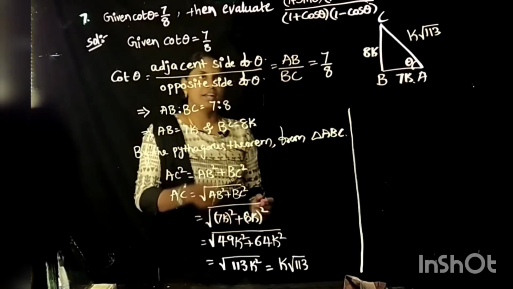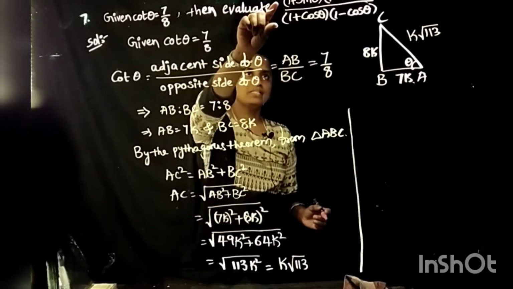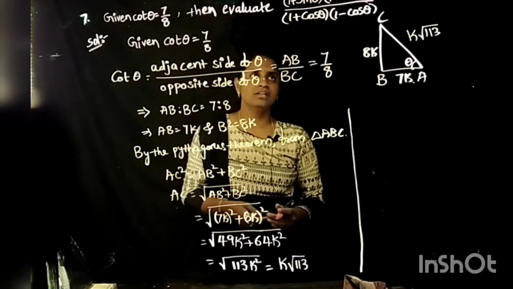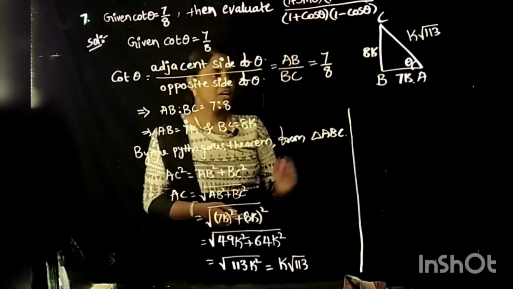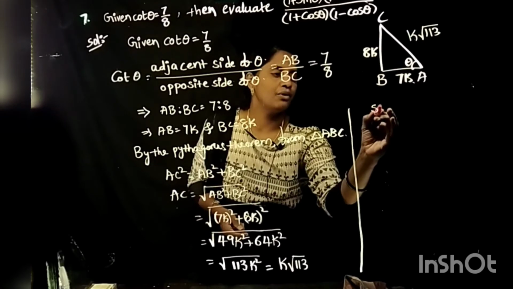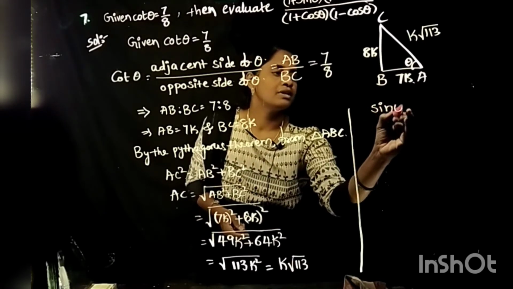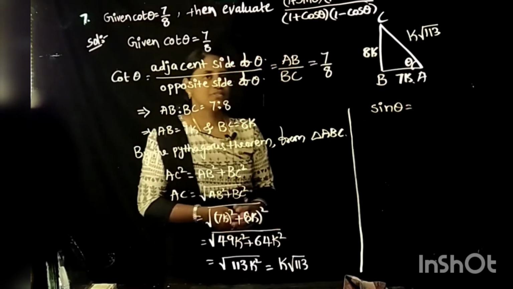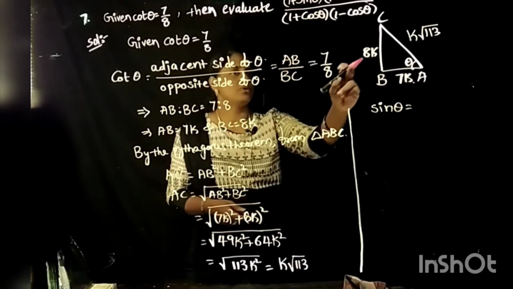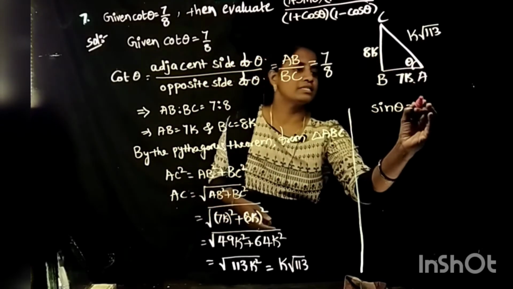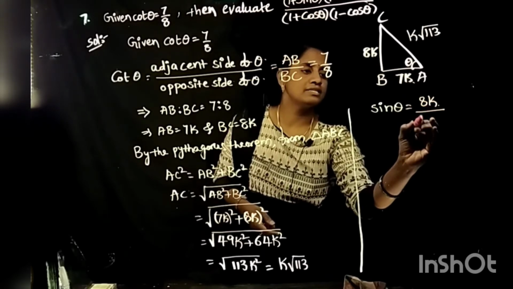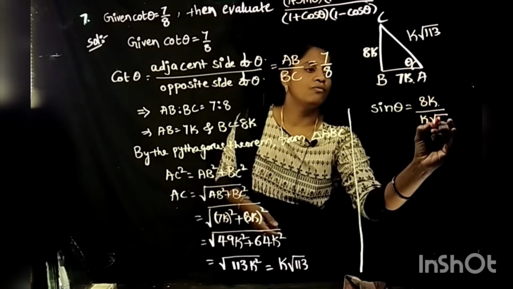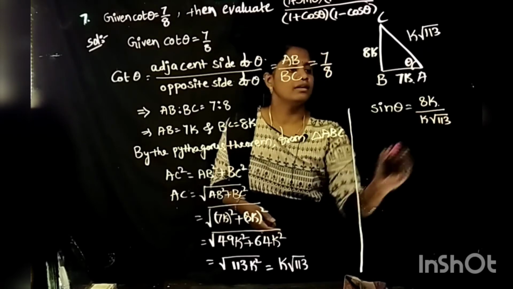Here we are finding the value of (1 plus sin theta) into (1 minus sin theta). To evaluate this expression, we first find the sin value and cos value. Sin theta is equal to, what is the definition of sin theta? Opposite side by hypotenuse. Here opposite side is 8K, hypotenuse is K root of 113.